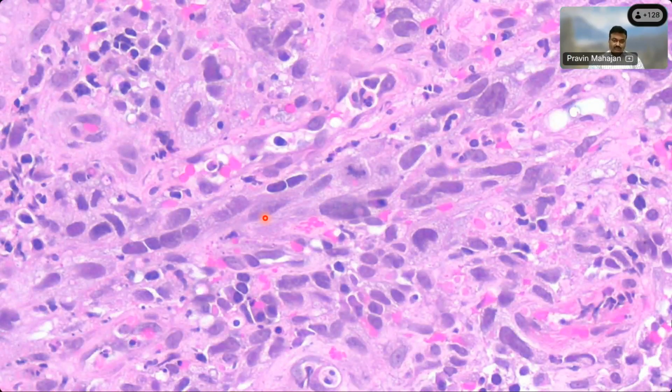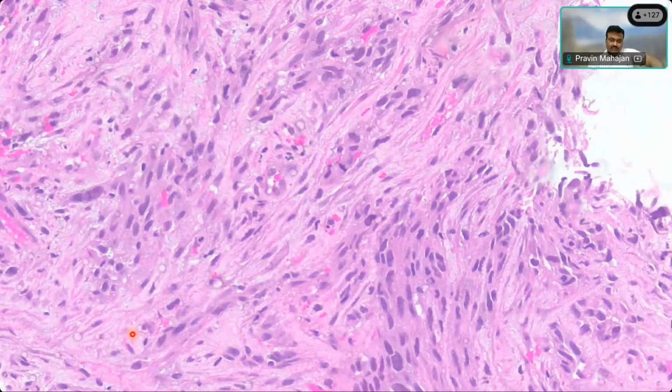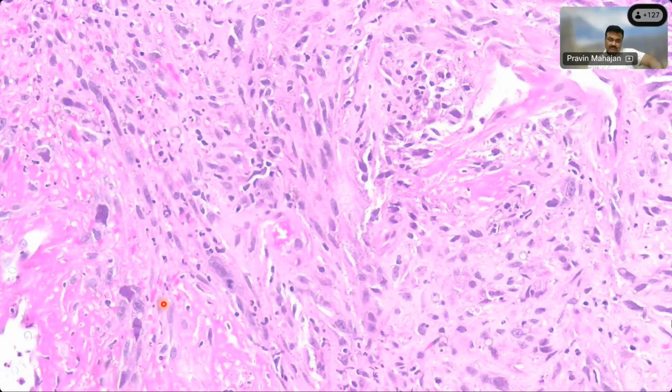This is more high power. See now. Same thing you described, nuclear pleomorphism. There is heterochromatin with associated nucleoli in some cells, mitotically active. In other areas also there are mitoses and cells showing nuclear atypia. Correct? Yes, sir. Same thing everywhere.